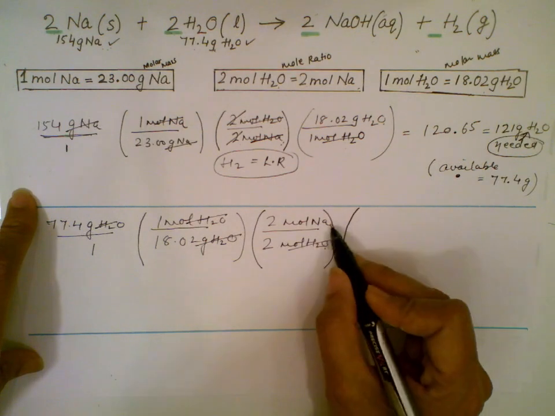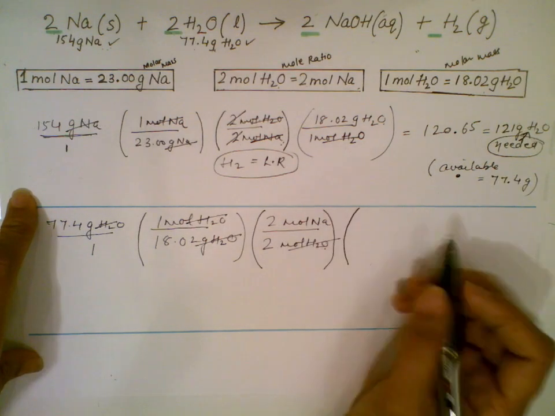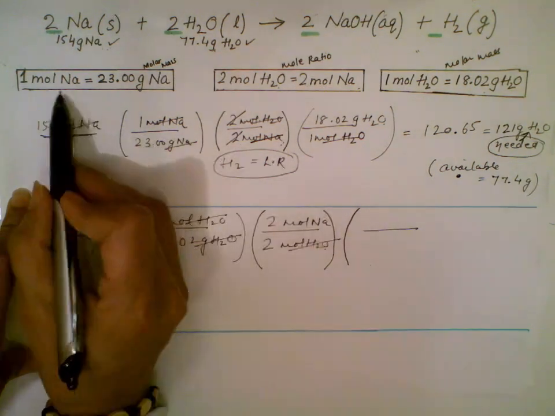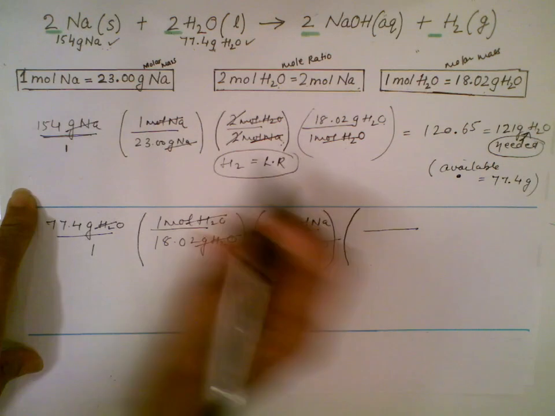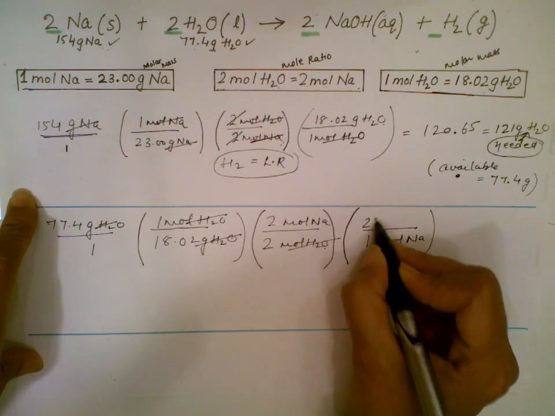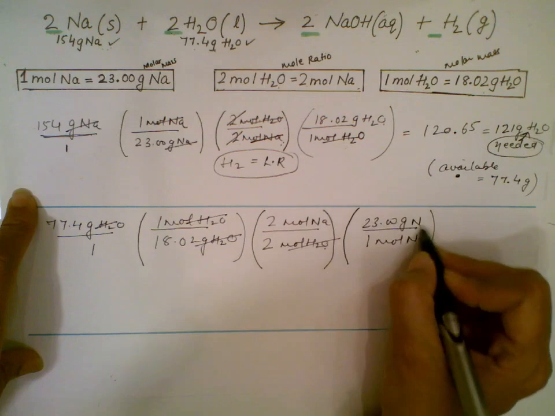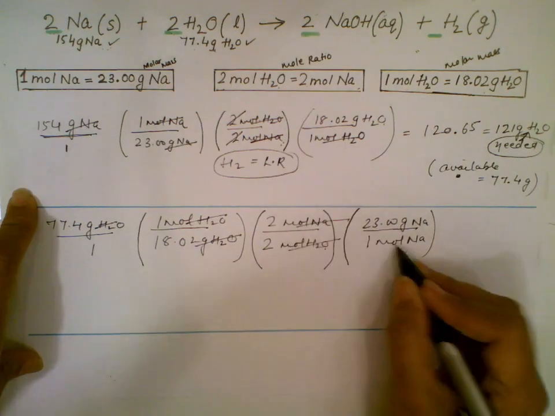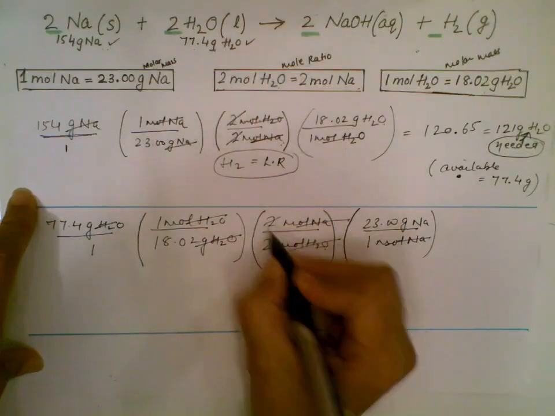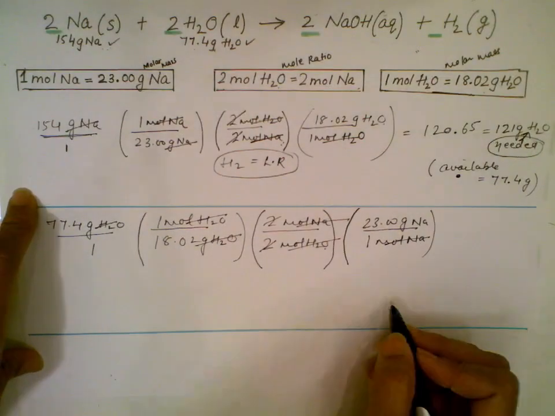We are going to convert these moles of sodium to its mass in grams. So we are going to use this equivalent from here. 1 mole of sodium contains how many grams? 23 grams. Cancel moles of sodium. Similar units cancel. Also cancel this 2, same numbers in the numerator and denominator.